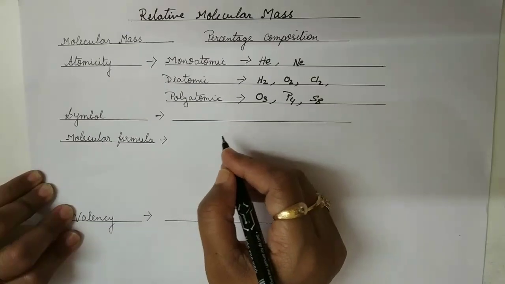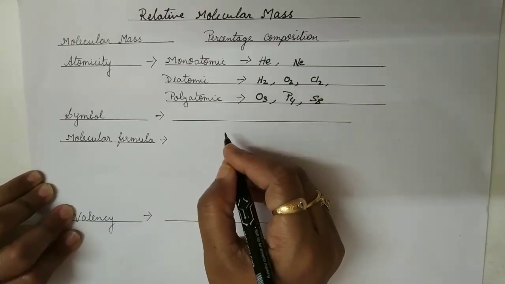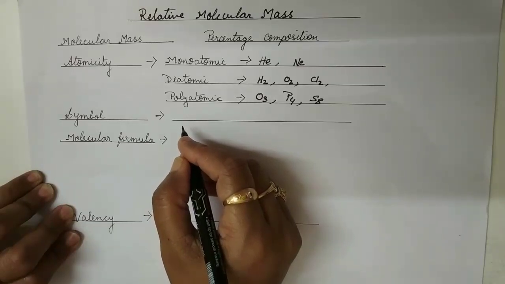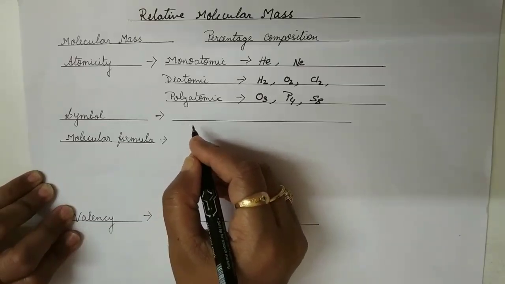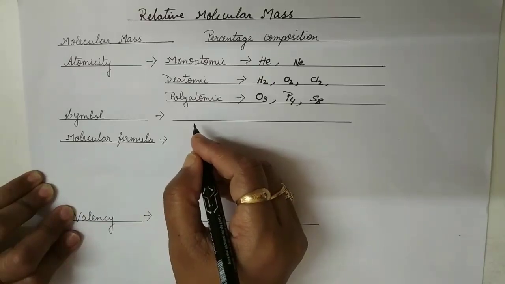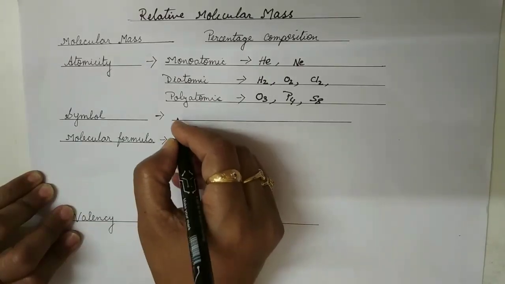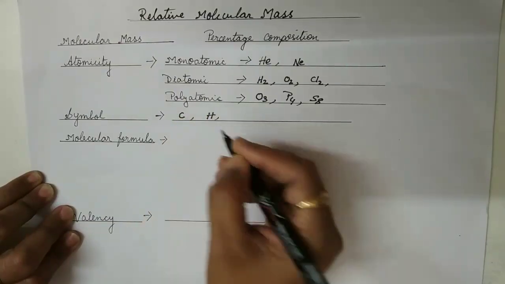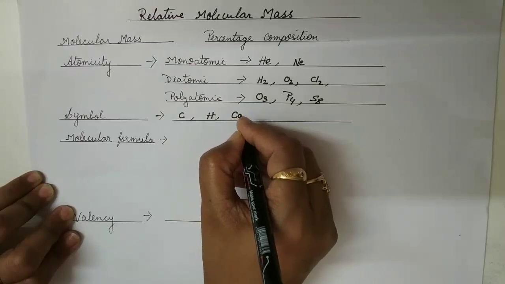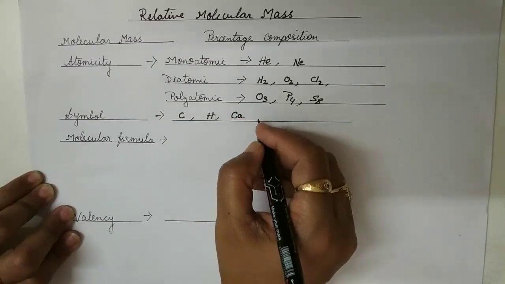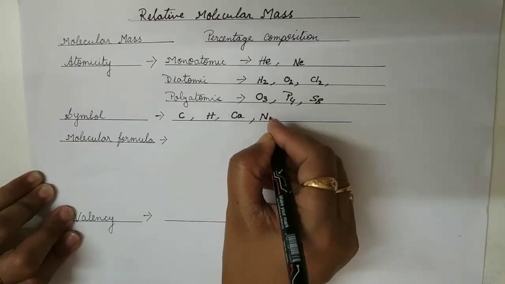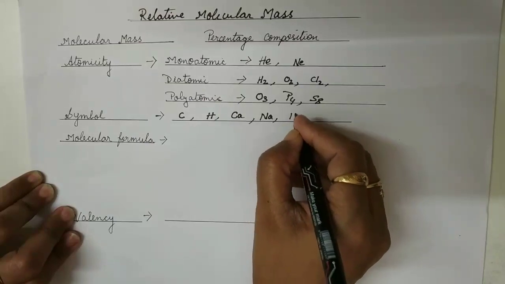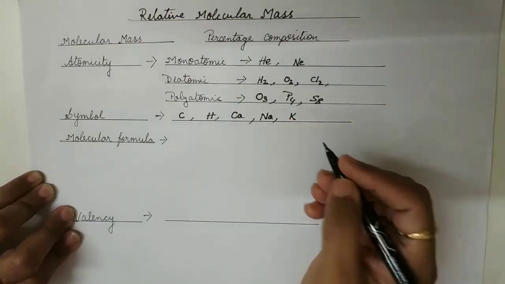Writing their symbols is based on the first letter of its name or the first two, or from its Latin name, like carbon, hydrogen, we say calcium, we say sodium, that is from natrium, we say potassium, K from kalium.